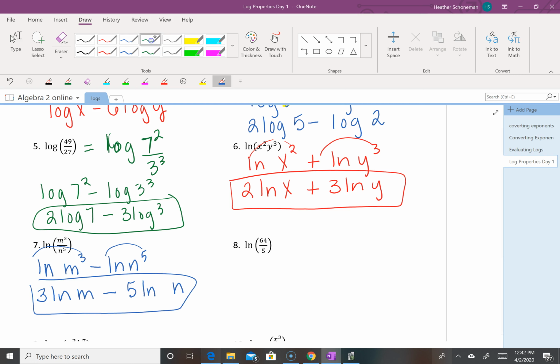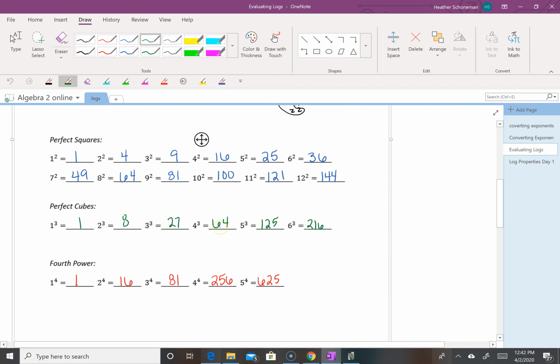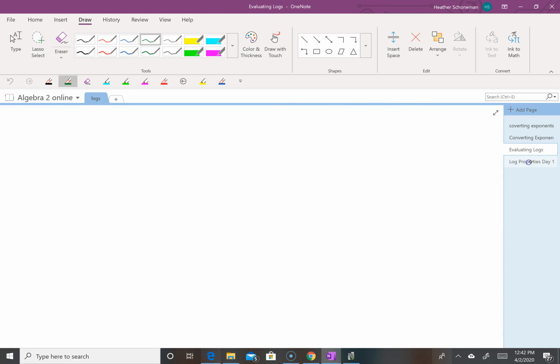This we want to rewrite in expanded form, but we've got numbers, so we have to figure out how we can change them. Okay, 64. Well, 64 we could write as 4 to the third, or we could do 8 squared. We want the one that has the smallest base, so that would be 4 to the third. So that's the one we're going to use.